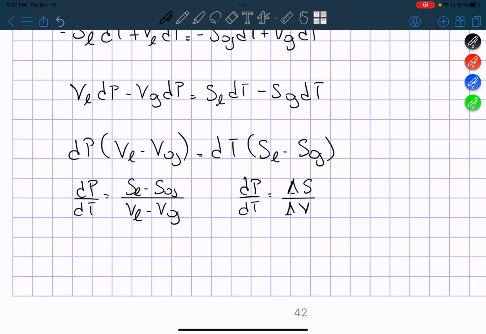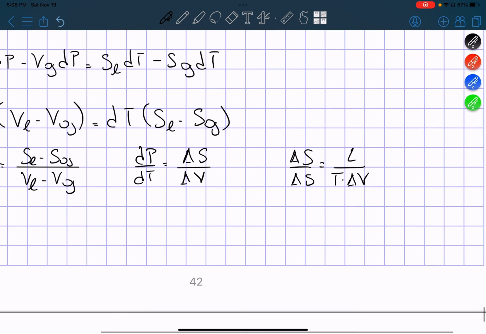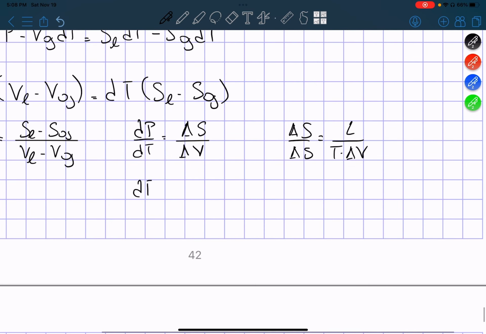We can also rewrite delta entropy divided by delta volume as delta heat divided by temperature times the change in volume. So we can say that dP divided by dT is equal to latent heat divided by temperature times delta V.